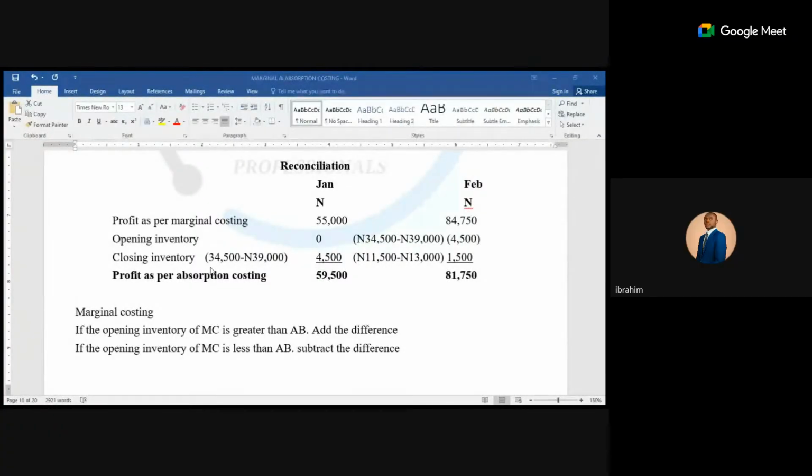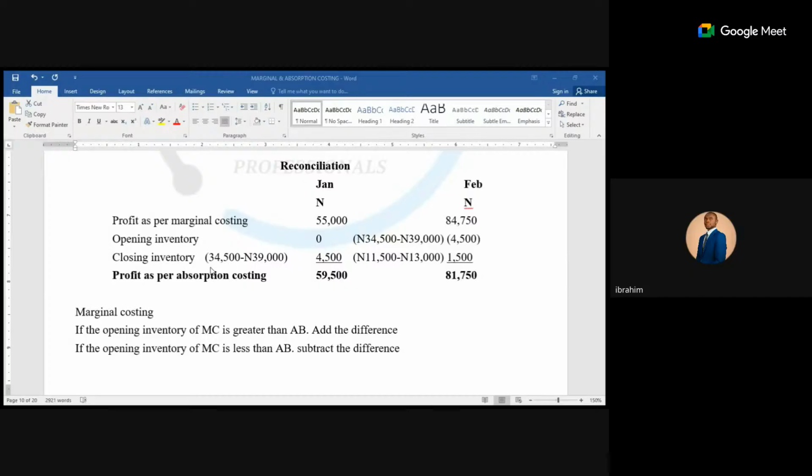Activity-based costing says, no, let's apportion it this way. I will pay the electricity bill based on what I consumed.